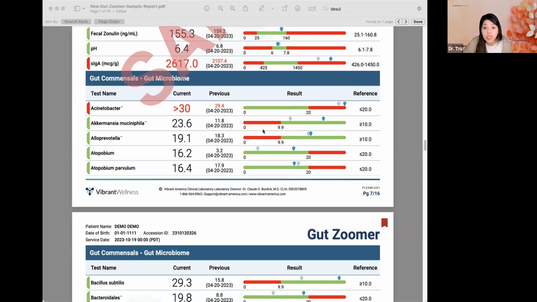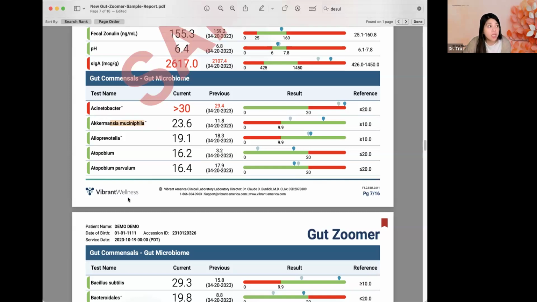When they're deficient, that's when they cause problems, because you're missing their function and their protection. That's why you want a lot of them. I said earlier, Akkermansia muciniphila is the most important keystone species in the gut, because they help us clean up the mucus layer.